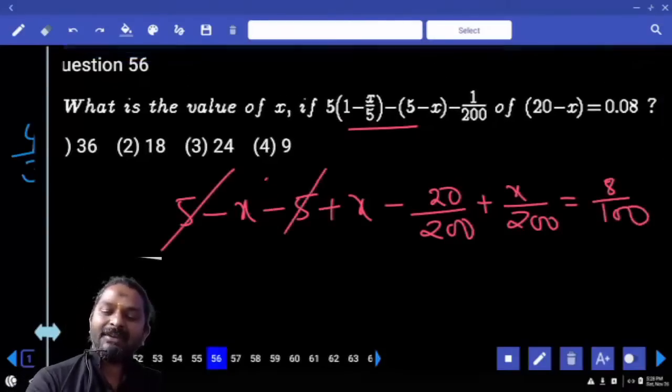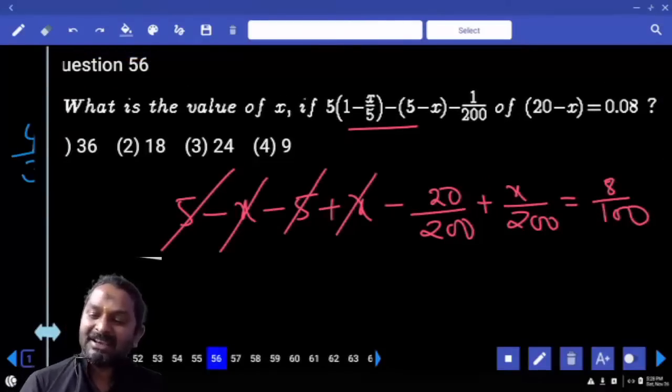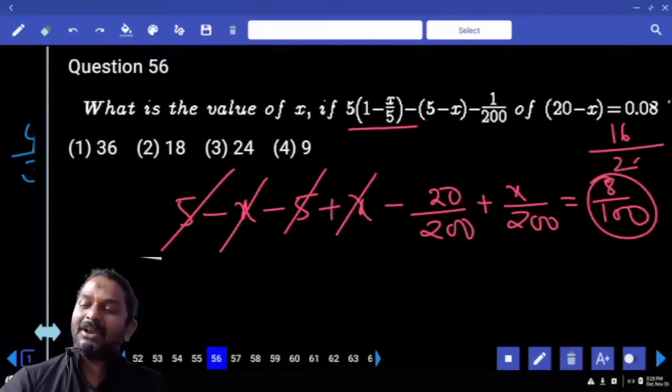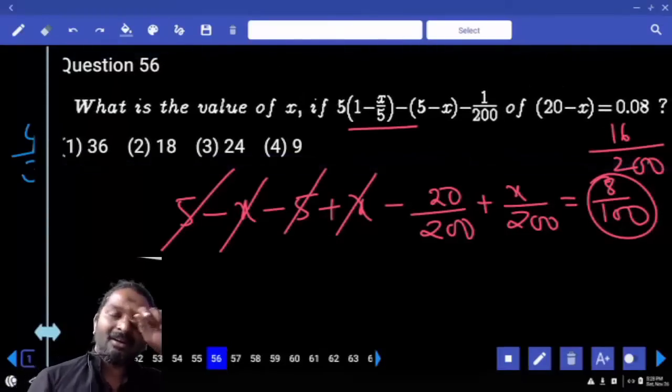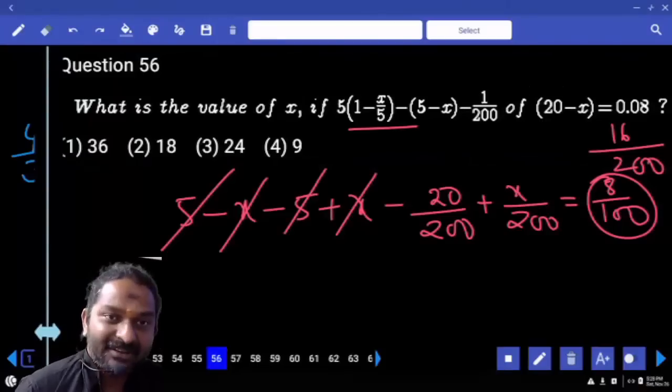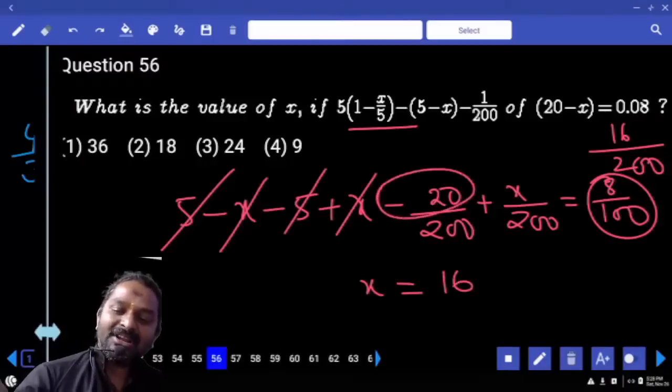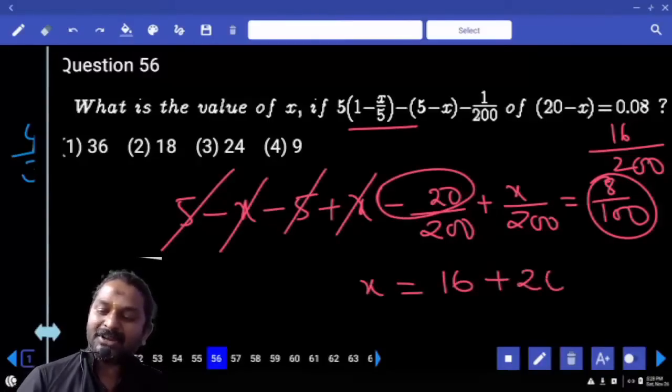Plus 5 minus 5 plus x minus x gets cancelled. Right hand side we can write as 16 by 200 also. Then all the denominators get cancelled because everywhere we have 200. Left hand side x is equal to, right hand side 16 will be there as it is. Minus 20 goes to the other side, it becomes plus 20.